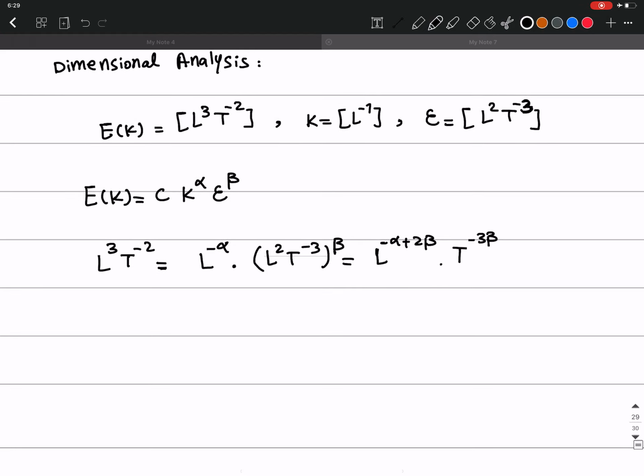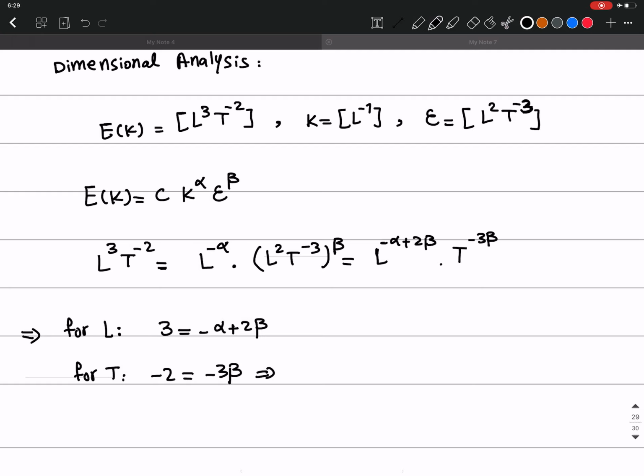So this gives me two equations. For L, the left-hand side and right-hand side exponents should match. So 3 on the left-hand side equals minus alpha plus 2 beta. And for t, time, the left-hand side is minus 2, which should equal minus 3 beta.